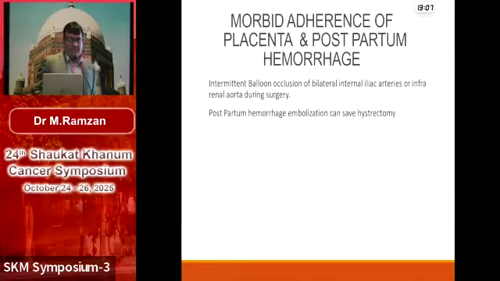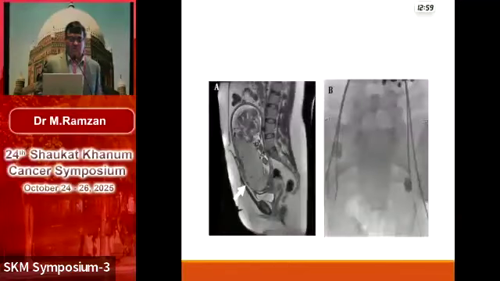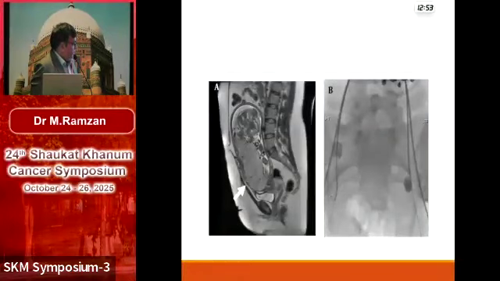Morbidly adherent placenta, especially accreta and percreta, is a real challenge for the gynecologist to deliver, when the placenta is going beyond into the muscular layer, or going across. So what exactly we do during the surgery, we put a balloon in the internal iliacs on both sides, and we inflate and deflate.